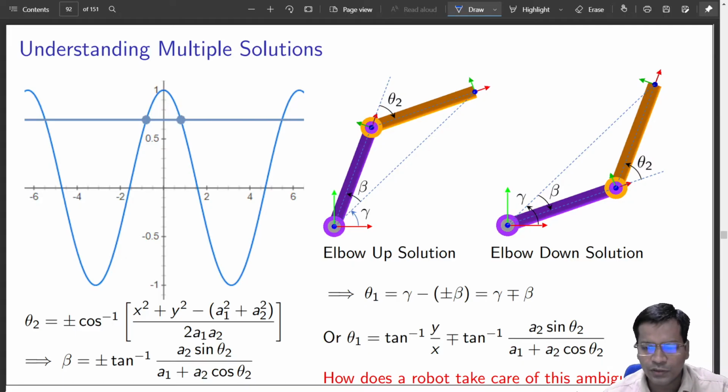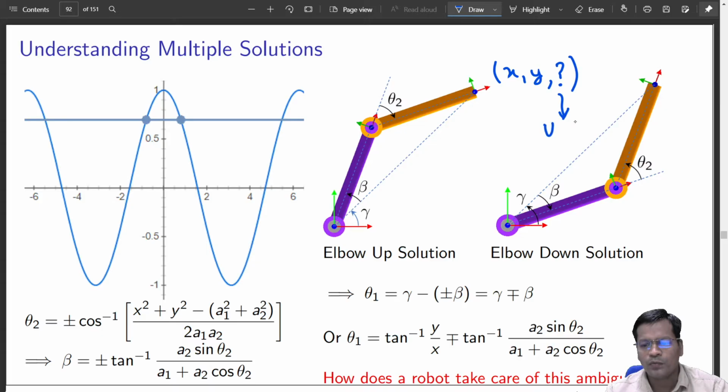Apart from x and y, there is one more parameter that you will have to tell, which should specify whether elbow up or elbow down. Without this, the information is incomplete and the robot cannot decide, it cannot go.